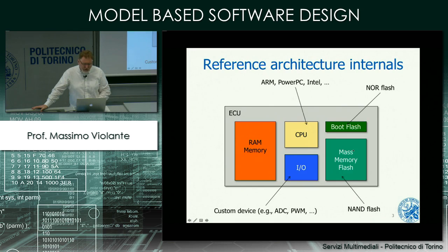So the boot flash and the mass memory flash are basically the memories intended for storing the instructions. They are non-volatile memories, used to place the program our microprocessor has to run. Then, besides the microprocessor and the memory for storing instructions, we have the memory for storing data, and this is the RAM memory.